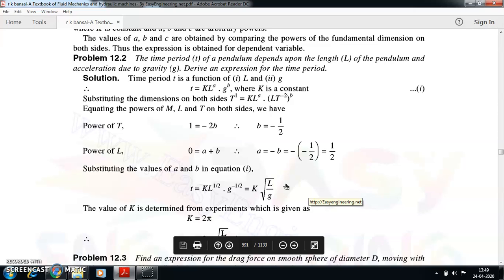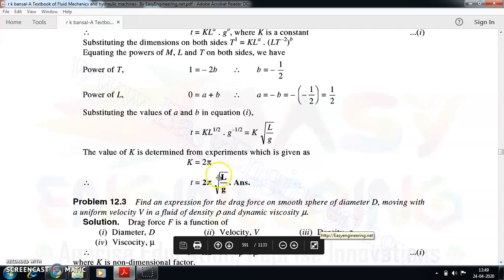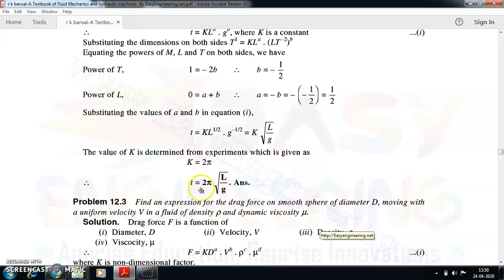To find the k value, you have to do some experiments, and by various experimentation, they have found k is equal to 2 pi. So at last you will get the final expression which we have used in school days, where T is equal to 2 pi into root of L by g. Or this can be removed and you can put the constant k over here. So this is the way.